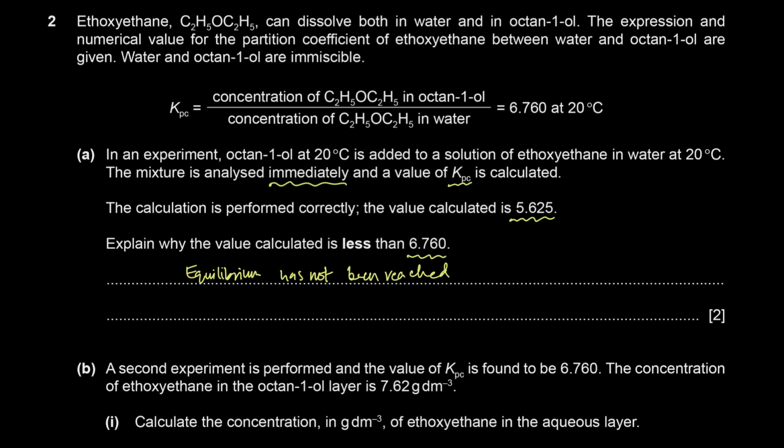And the value that we're getting is lesser than the expected value, which means that the concentration is too low in octanol, so the numerator is lesser, or we can say that the concentration is too high in water.